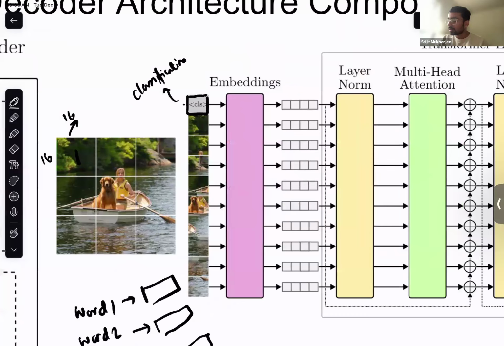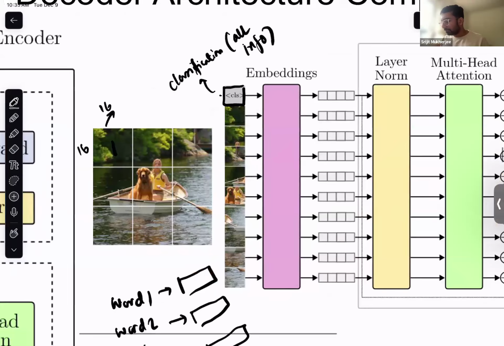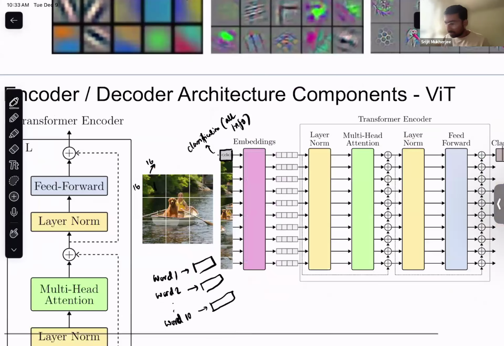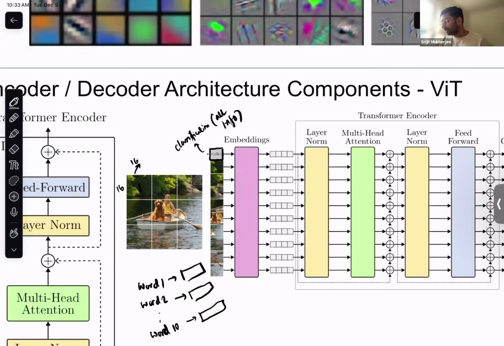So it has global information, global in the sense of all information. It's like overall information. This is important because this will come again in multiple aspects of DINO. People use this information. This is a very important aspect. Okay, so each of these patches is then transformed into an embedding.